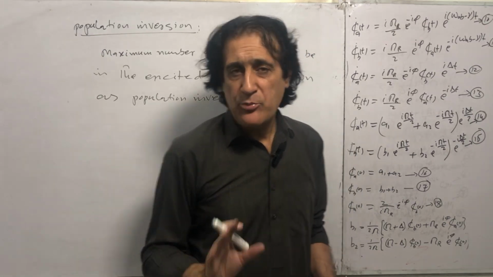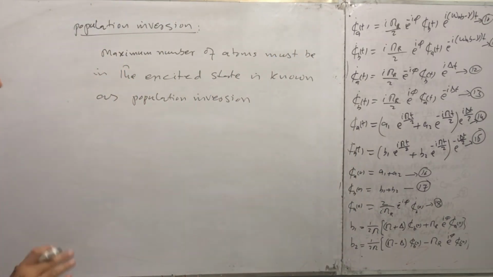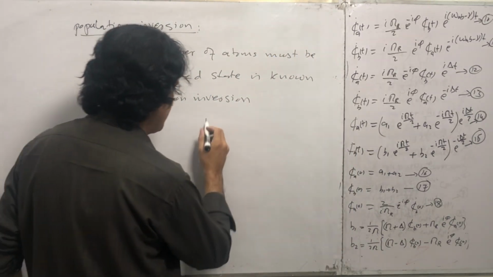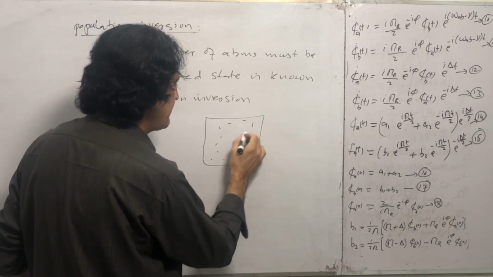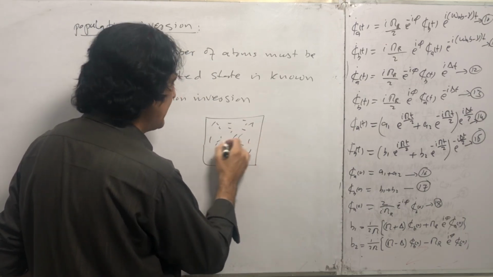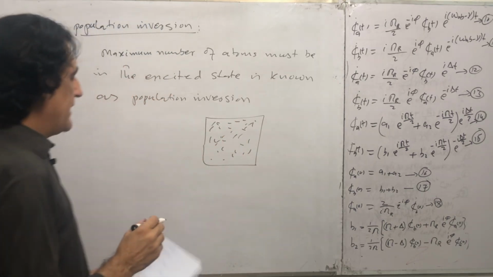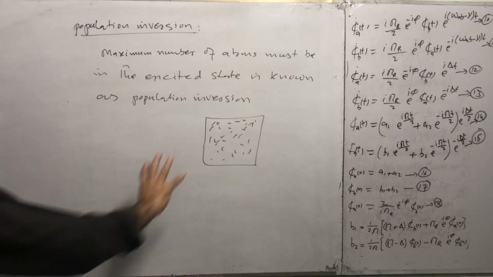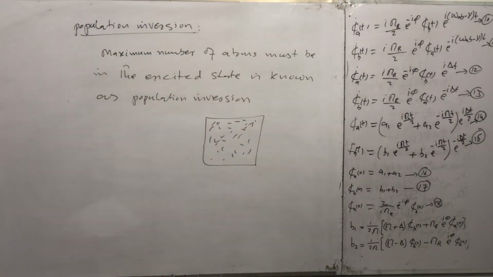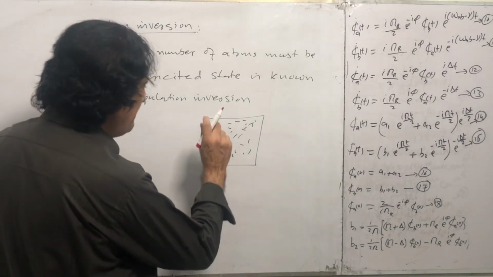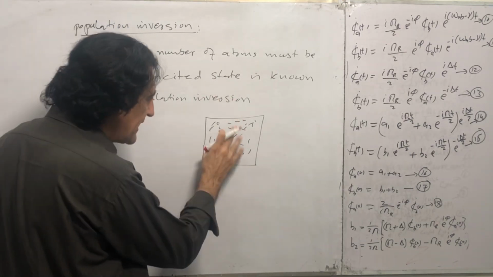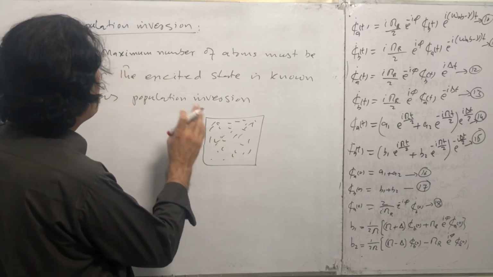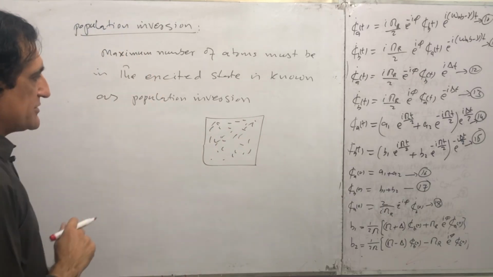What is population inversion? Population inversion means that if we have a system with many atoms, and when the maximum number of atoms are in the excited state, then we can get population inversion.